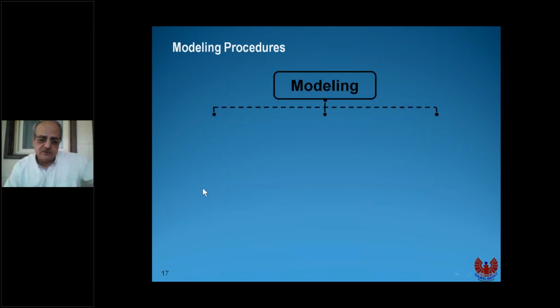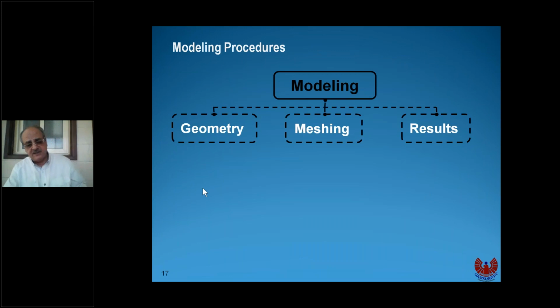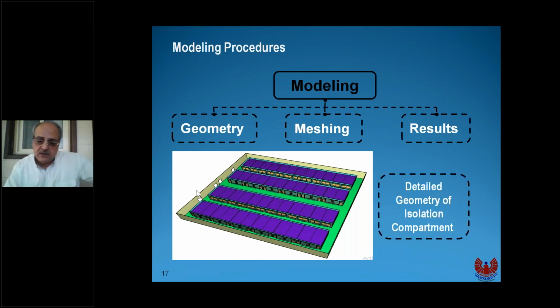Now, for the modeling procedures, as we mentioned, we have this compound. First of all, we need to use CFD in our case. And we mentioned that our case was designed 40 or 50 years ago with numerical correlations. Now we want to make some changes in the air distribution inside these isolating rooms.